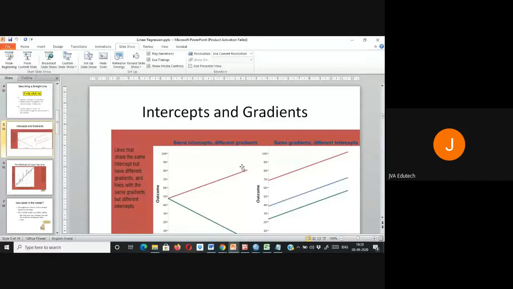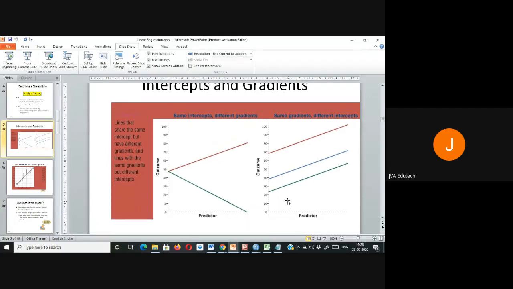In the first case, the intercept is the same, meaning x and y both meet at the same point, whereas the gradients are different. Here the gradients are the same but the intercepts are different, meaning all are moving in one direction. All have the same gradients but different intercepts.